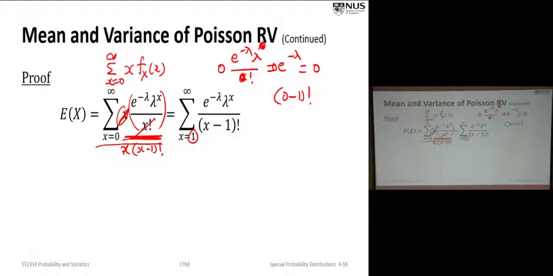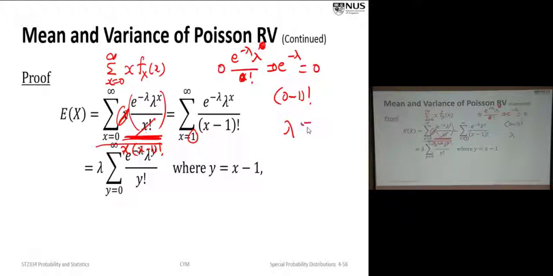If you recall, now I just rewrite this, taking out one lambda. So this is the sum from x equal to 1 to infinity of e to the power minus lambda, lambda to the power x minus 1 over x minus 1 factorial.